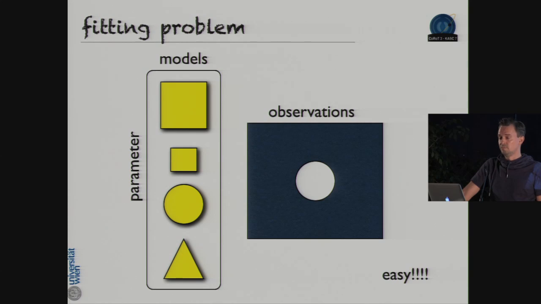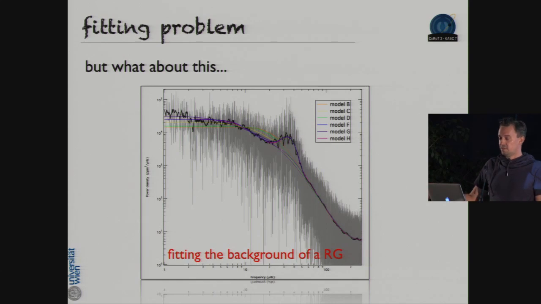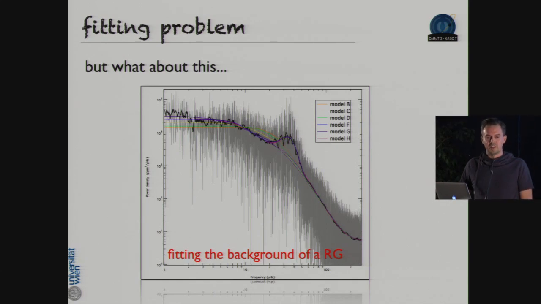What is the best model to reproduce these observations? Once you have decided on a model, you have to tune it, you have to determine some parameters to reproduce the observations. That sounds easy, but it almost never actually is.